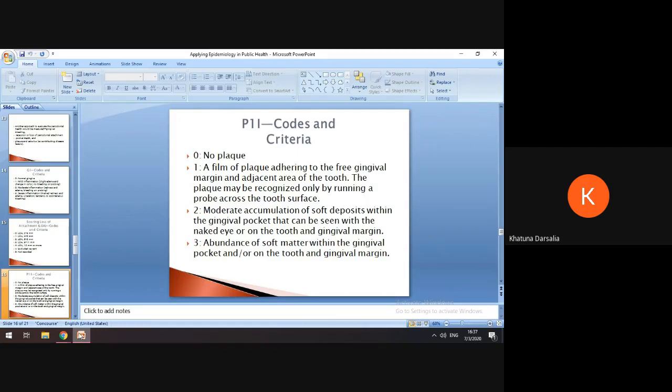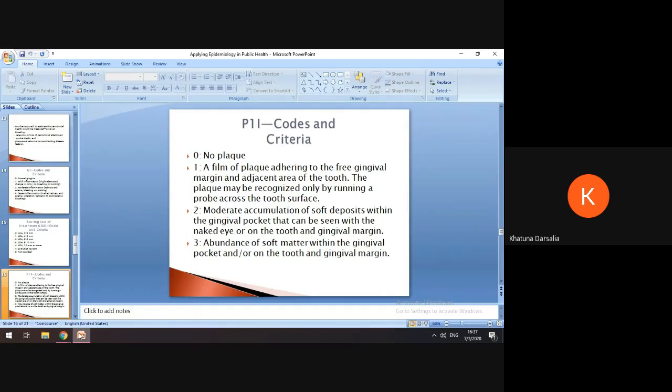The scoring criteria for the PI are shown in our presentation. 0 is no plaque, you can see it, the first one. 1 is a film of plaque adhering to the free gingival margin and adjacent area of the tooth. The plaque may be recognized only by running a probe across the tooth surface.